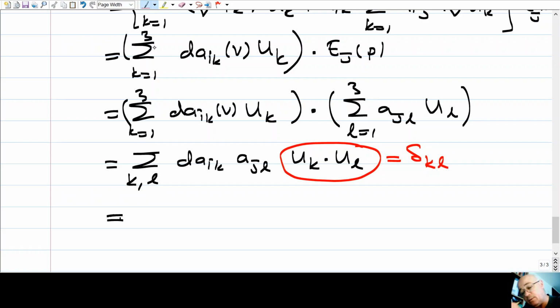So this double summation reduces to a single summation. Let me write like this from 1 to 3, because if L is different than K, this is 0, so I get nothing. So I have only non-zero terms when L is equal to K, so I have just J and K. And this finishes the proof.